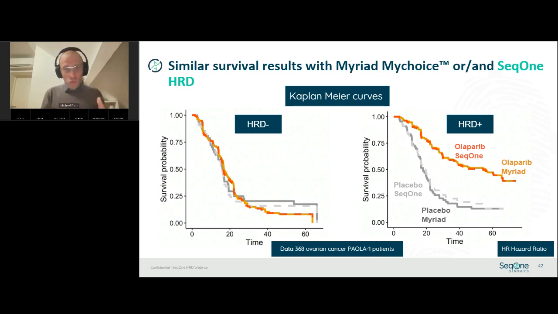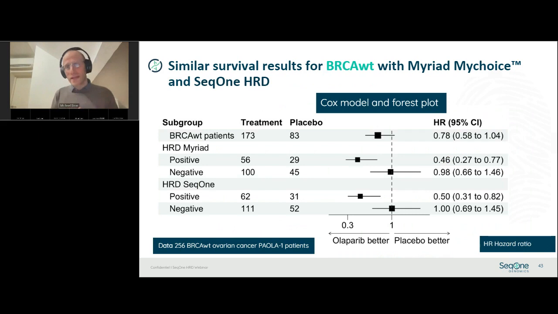And then we zoom on the BRCA wild-type patients, for which the HRD biomarker is very relevant. And again, we have exactly the same survival result, whether we use SeqOne HRD or Myriad MyChoice. So for the negative patients, there is no effect, no advantage of being in the olaparib arm. That's the reason why the hazard ratio is equal to 1.